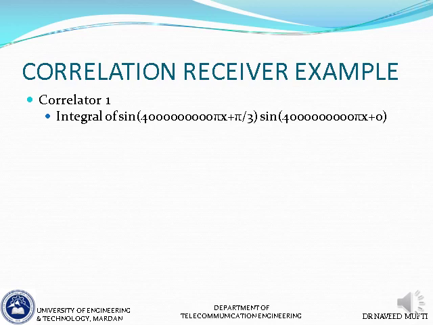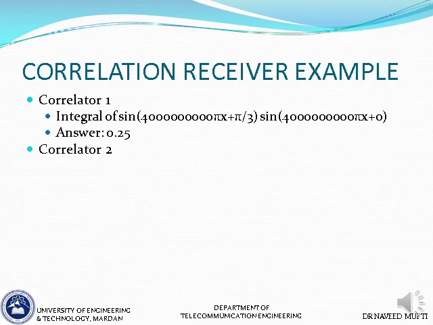Okay, so we'll be solving this, and basically when you multiply them and then you integrate them, definite integral, the answer is 0.25. So I encourage you to do these calculations at your end and make sure that you also get a similar answer. So that is the output of the first correlator.